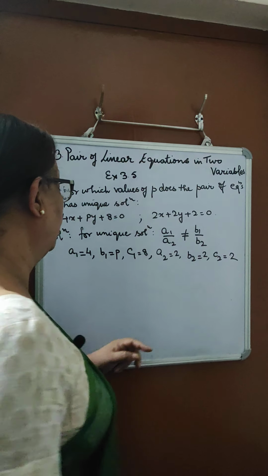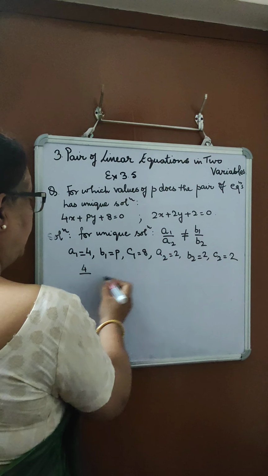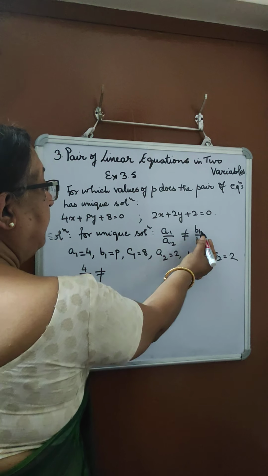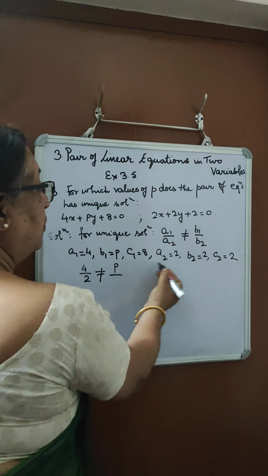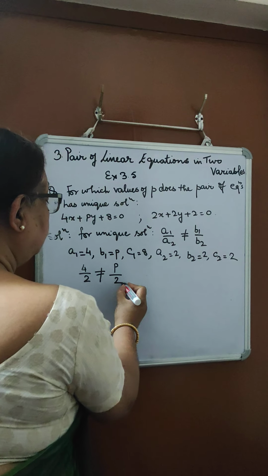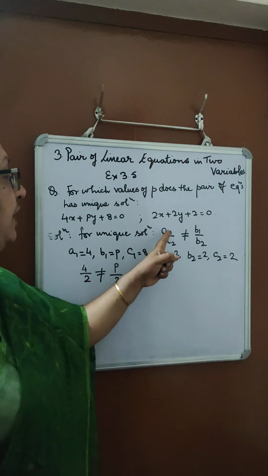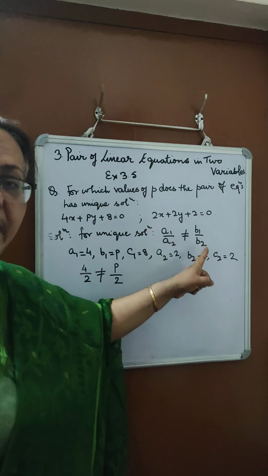So these values, come on, let's substitute in the given condition. A1 by A2 not equal to B1 by B2. What is B1? p. B2, what is B2? 2. So we have substituted the values of A1, A2, B1, B2 in this given condition.